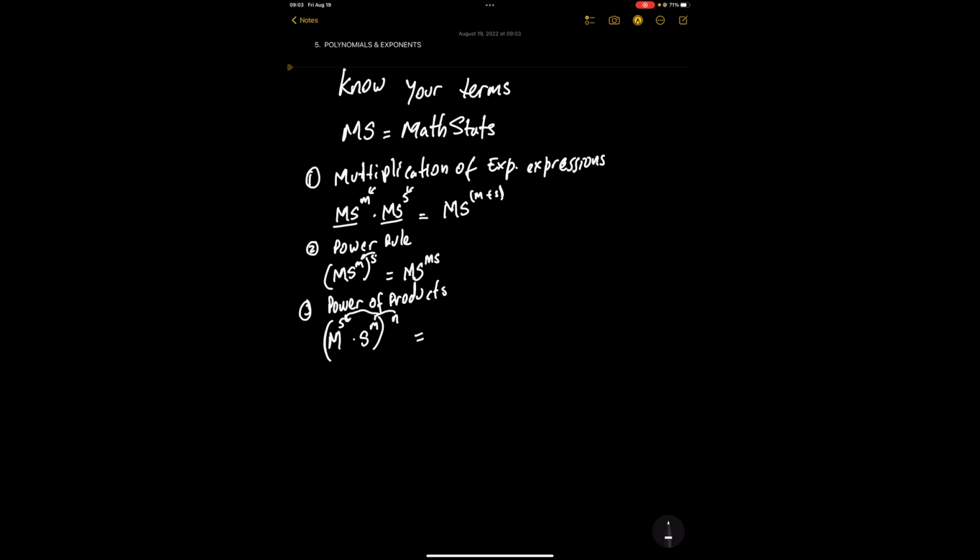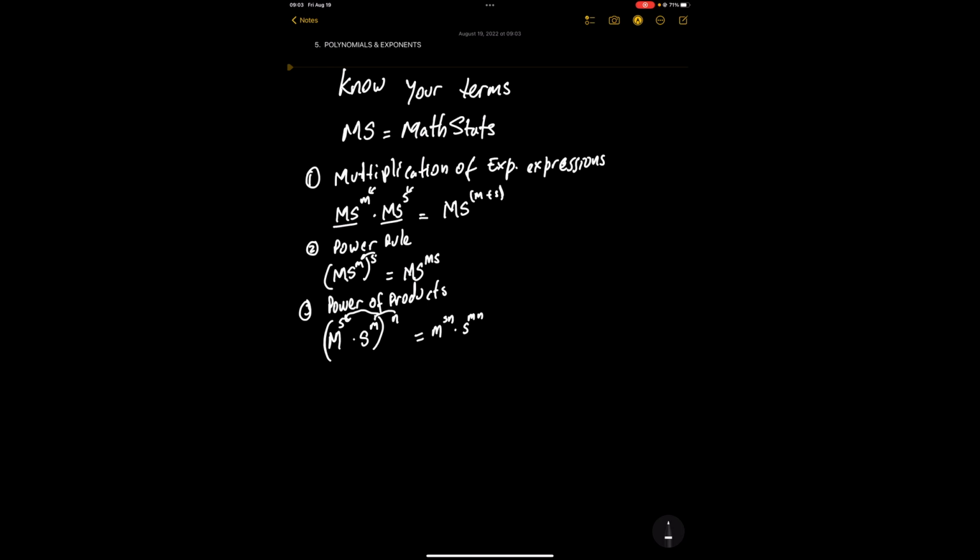You see, in the power rule, you multiply the s by the m. In this power of a product, I'm going to basically do what we call a distributive operation. So it would be m to the sn times s to the mn.